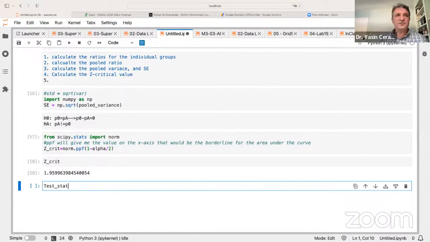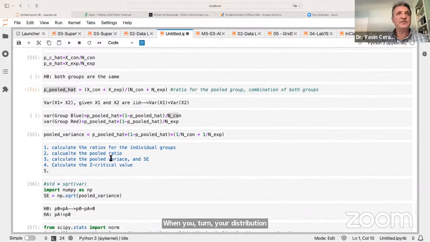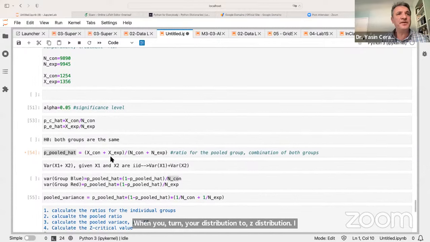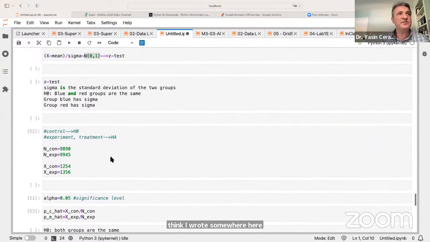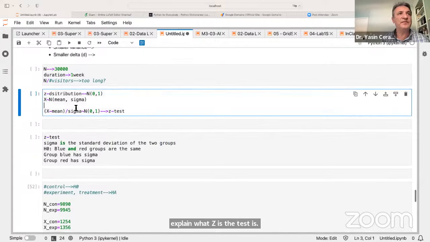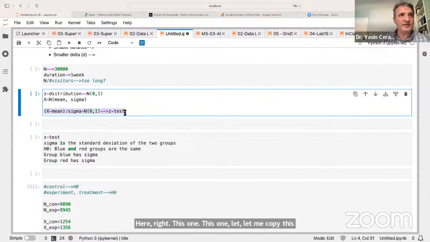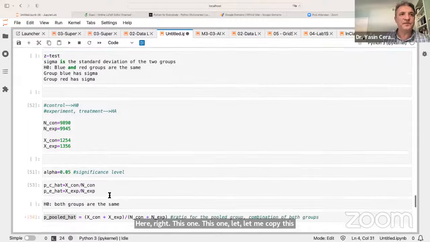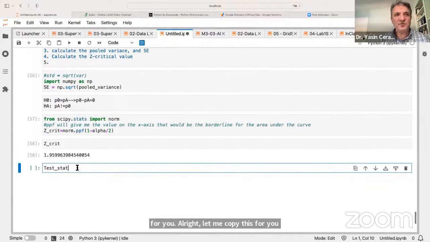When you turn your distribution to a Z distribution, I think I wrote somewhere here when I was trying to explain what Z is, Z test is. Here, right? This one. Let me copy this for you. I'm trying to explain why I'm using this and that.